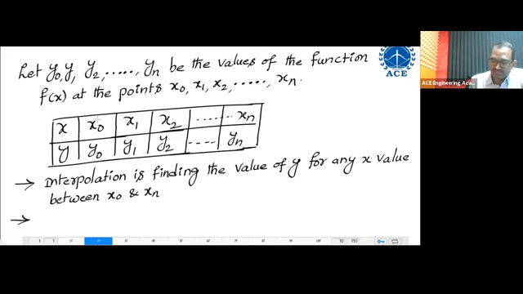Extrapolation means finding y value for any x value outside this range, means outside of x0 comma xn.